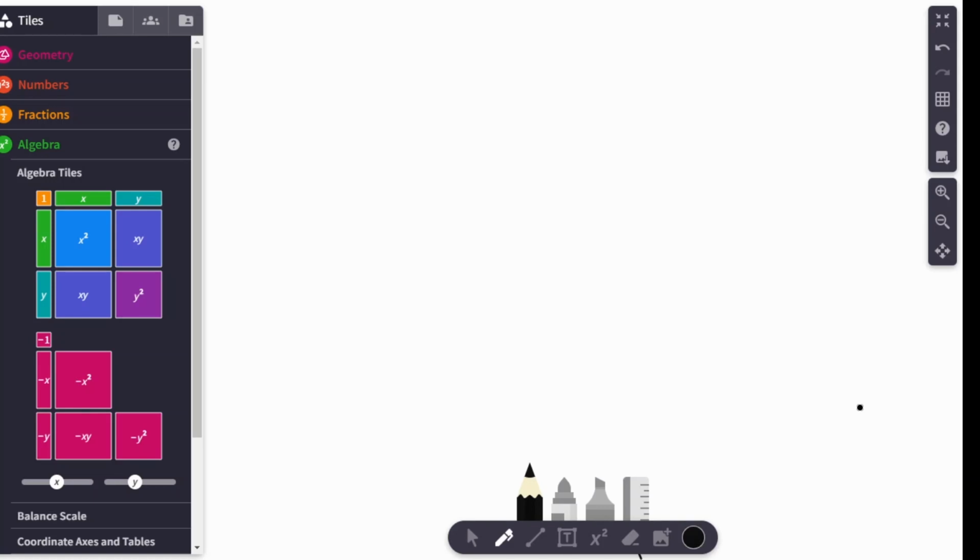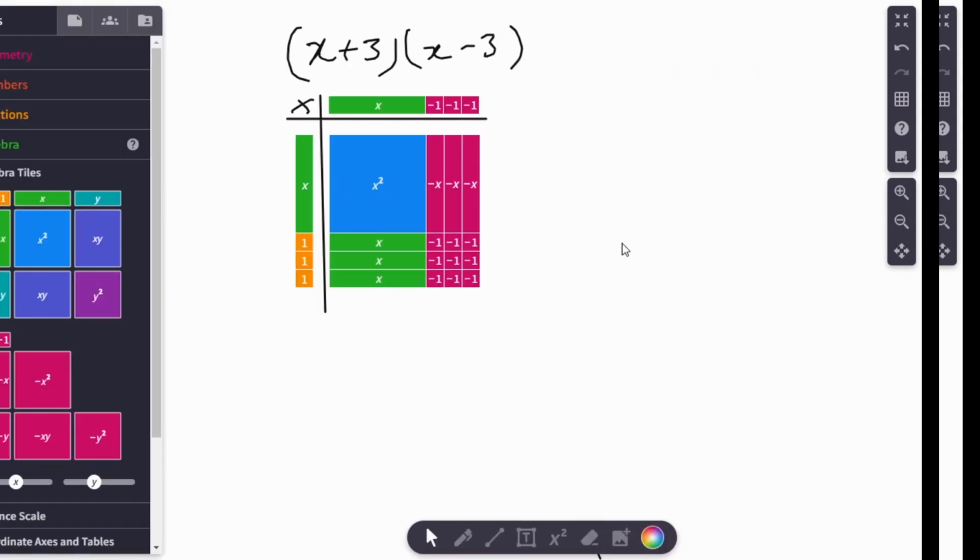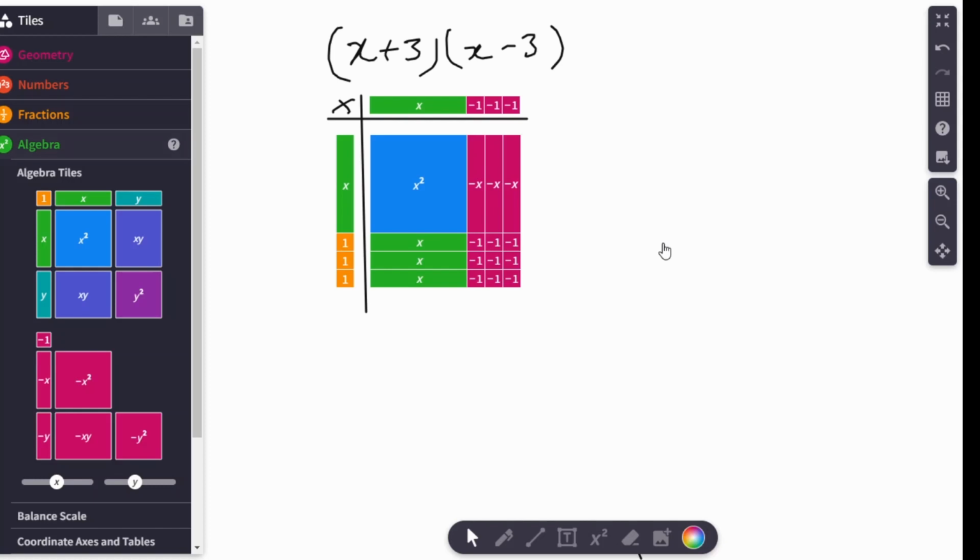Let's try conjugate and see. The first one is x plus 3, then x minus 3. Let's model that quickly. Right, so modeling this one, we're going to get x squared minus 3x for each of these multiplying the x, and then plus 3x for each of the ones multiplying the x, and then minus 9.